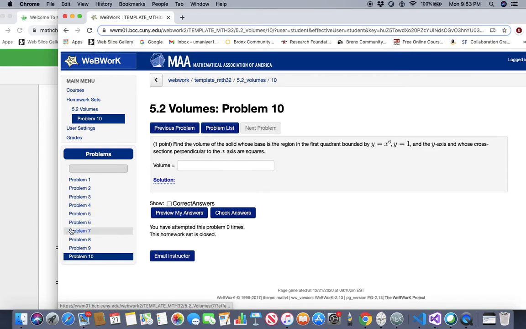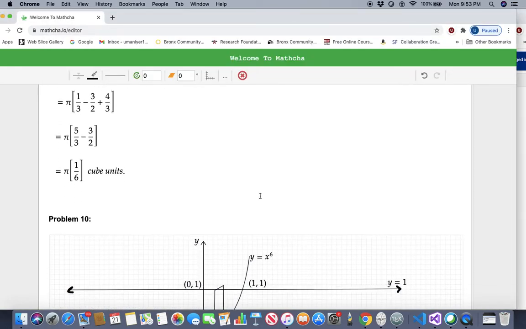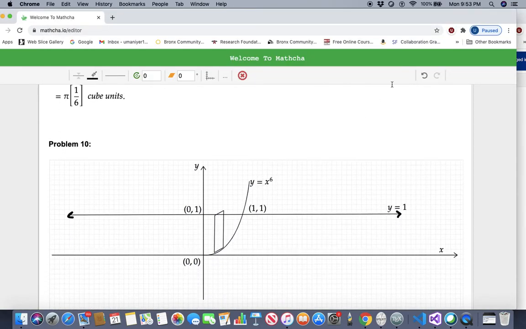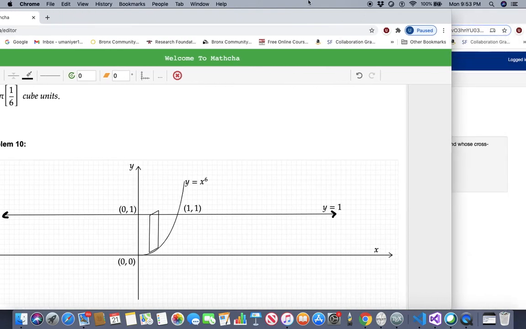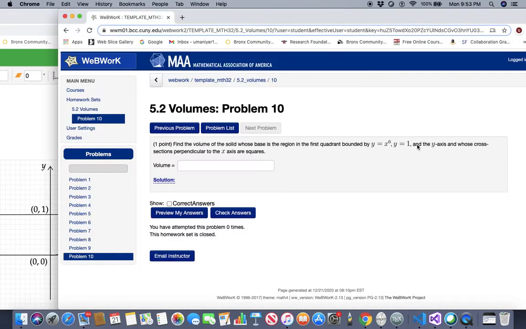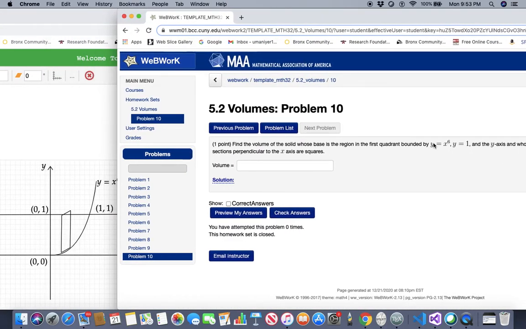Okay, let's understand these details. y equals x to the 6th, that's your curve. y equals 1, that's the horizontal line. Y-axis, that's the y-axis. So that is the region, your base.